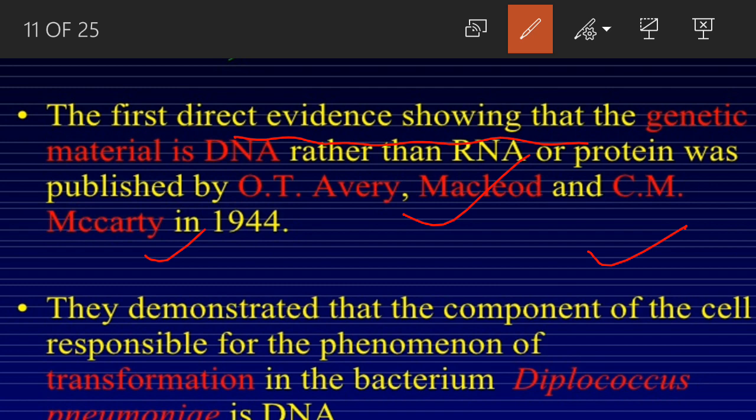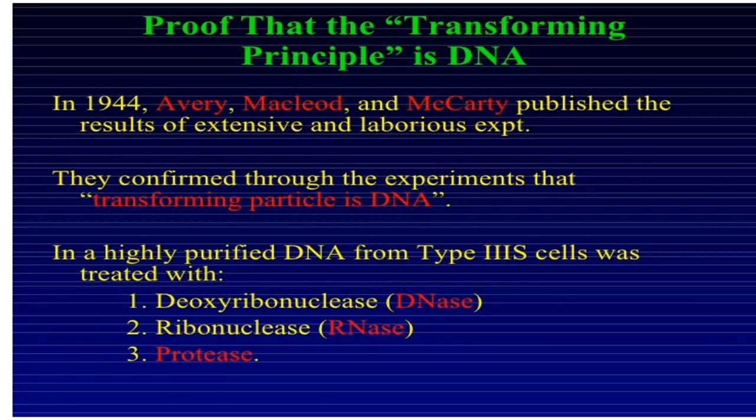Earlier, it was considered that proteins or maybe RNA were the genetic material. So they demonstrated that the component of the cell responsible for the phenomenon of transformation in the bacteria Diplococcus pneumoniae is DNA. Now what did they do?